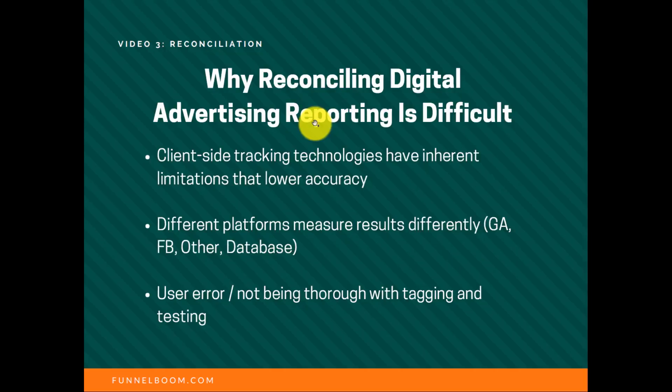And what Google Analytics does, by default, in their default setup, is whatever channel generated the session in which the conversion occurs is going to get 100% of the credit for that conversion.